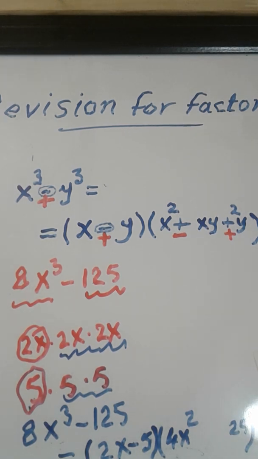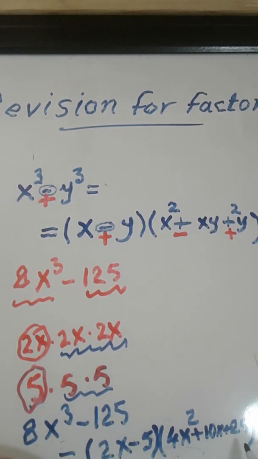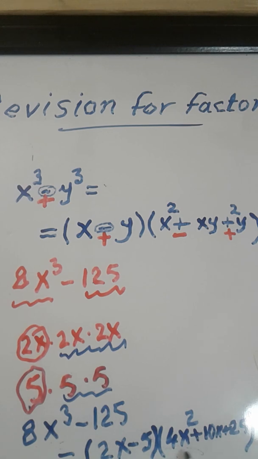Okay? And the sign for the middle one is opposite to this one. This is minus, like here, so this is plus. 2x times 5 gives me 10x. And this is plus, always. Okay? Again, I will write it with more space.